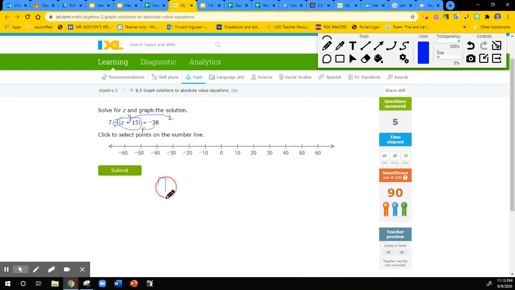So I'm going to have 7 plus 38, because I'm moving the negative 38 back, equals the positive absolute value of z plus 15. Okay, that's how I take care of that negative. I take care of that negative by just moving it to the opposite side.